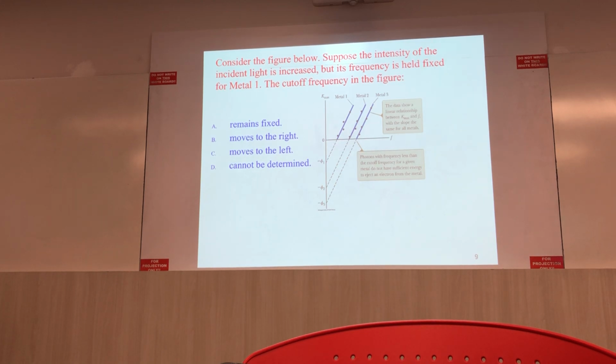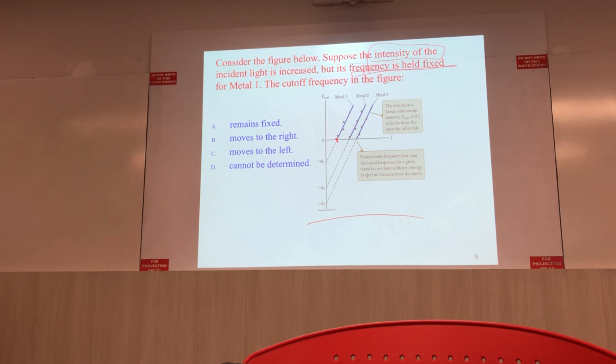Now, I have one more question. So, we now consider the second graph. Now, we increase the intensity, but the frequency is fixed. So in other words, we just increase the total photon numbers. Okay, we just crank up the power. Then what will happen to this cutoff frequency?